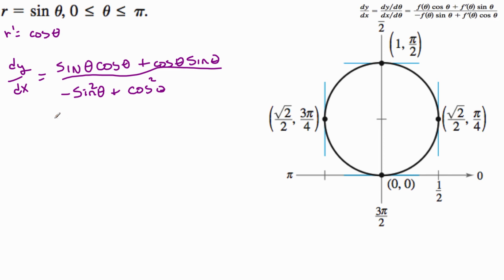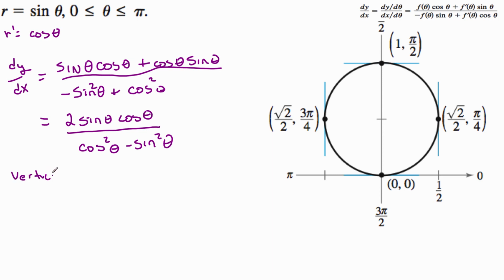All right. So what does this become? This is 2 sine theta cosine theta divided by cosine squared theta minus sine squared theta. So let's look to see where we have vertical tangents. We're going to have a vertical tangent wherever cosine squared theta is equal to sine squared theta.